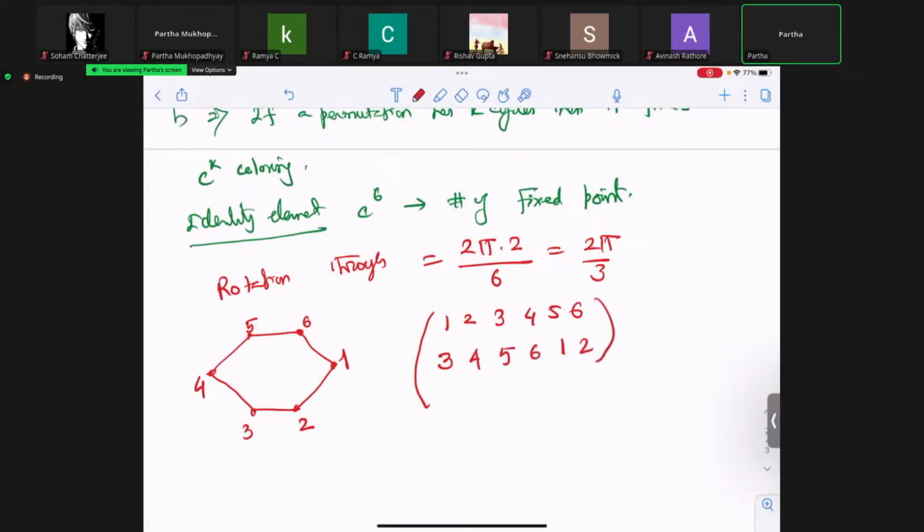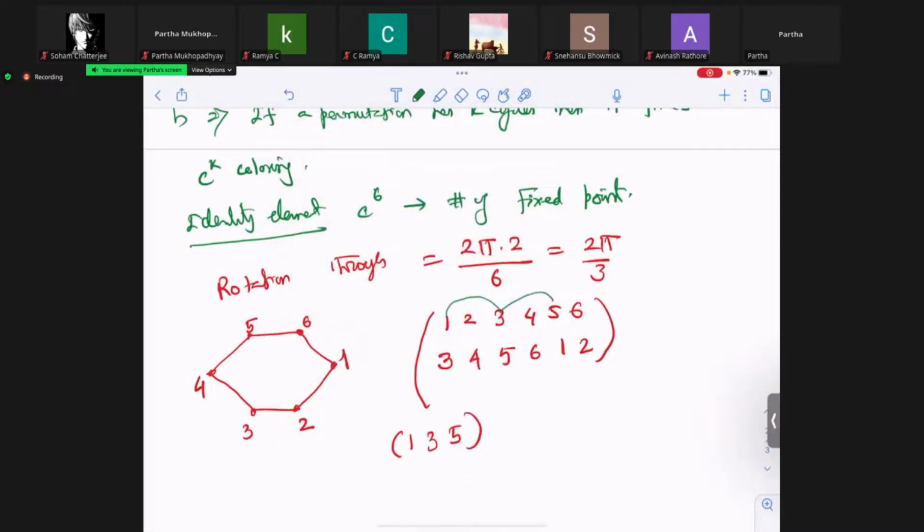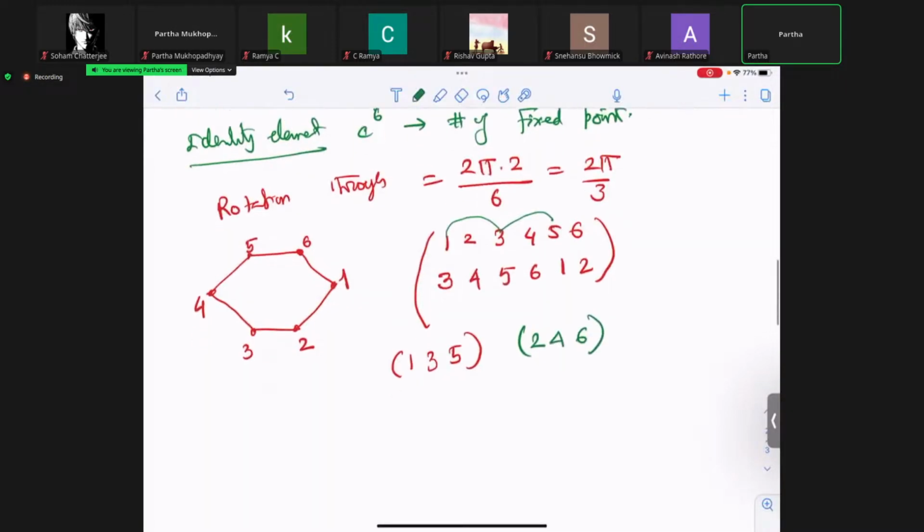Since 3 is changed to 1, 1 goes to 3. So if you look at the cycle structure, 1 goes to 3, 3 goes to 5, and 5 goes back to 1, so these 3 form a cycle. And 2 goes to 4, 4 goes to 6, 6 goes to 2, so 2, 4, 6 form another cycle. This is just an example I'm taking.